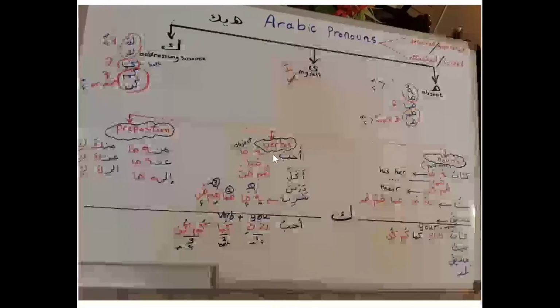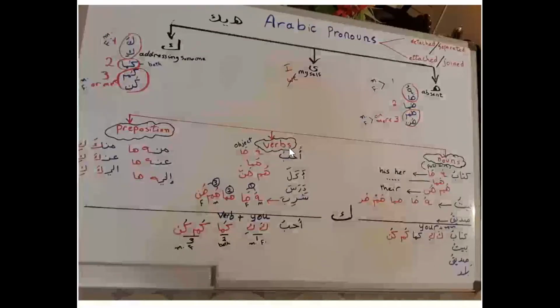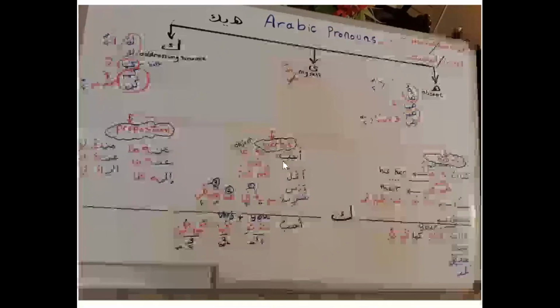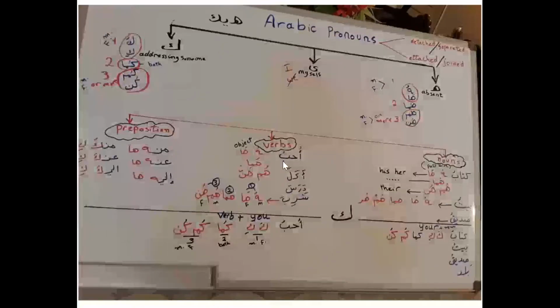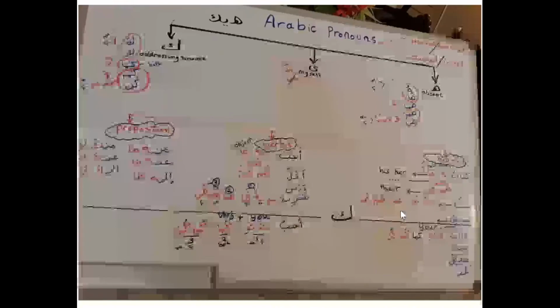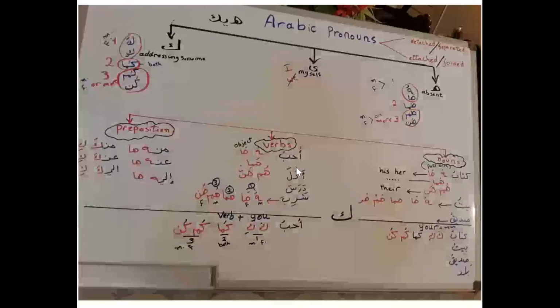But if we are talking now about verbs, I will take any verb. The easiest one is love. Love means أحب. This is the verb. I'm sorry, we will get back to the noun. This ضمير, his, her, their, means possessive pronoun. But for the verbs, it is object.